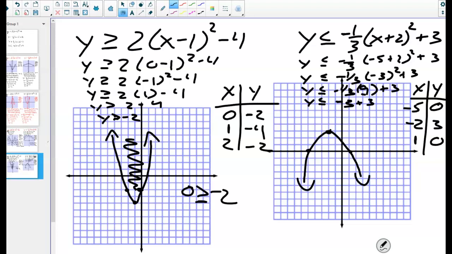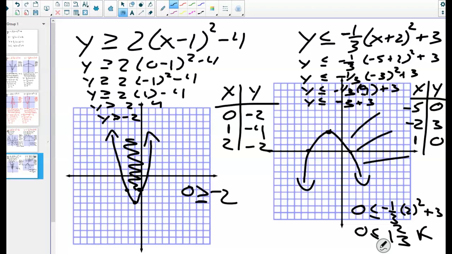If I plug 0 in for x, we can do it down here. 0 is less than or equal to -1/3 times 2 squared plus 3. Now think about it. 2 squared is 4. 4 times the -1/3 is -4/3. -4/3 and 3 is a positive number. It actually ends up being 1 2/3. That's a false statement. And (0, 0) provides a spot inside the graph, we shade on the outside.